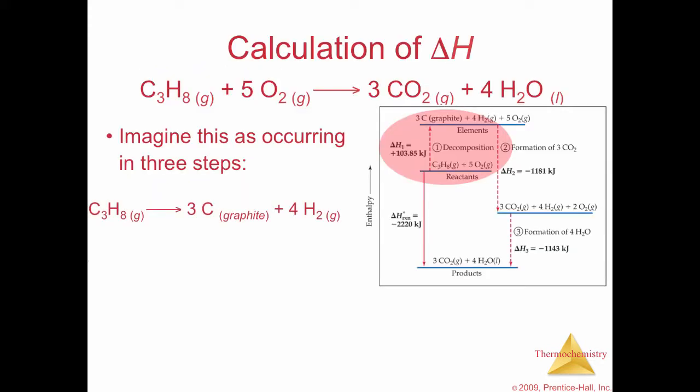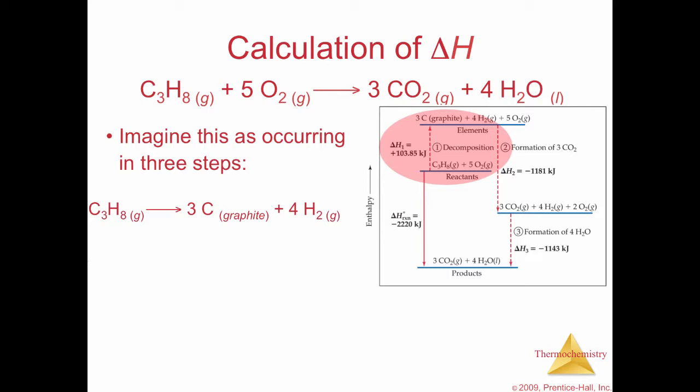Calculation of the change in enthalpy. Here we have a reaction in which a hydrocarbon, C3H8, which is propane, is combusted in oxygen, forming carbon dioxide and water. Imagine this as occurring in 3 different steps.